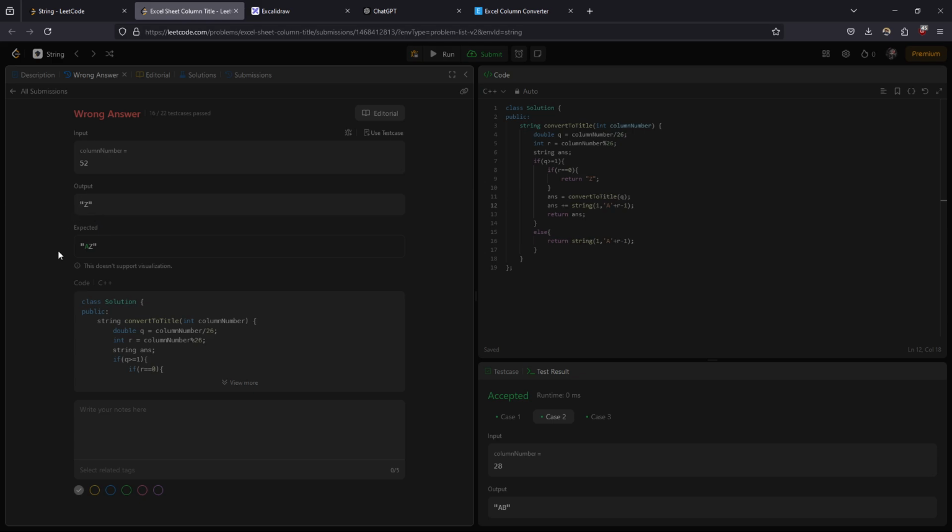Okay, so I think what happened is, if quotient is equal to 1 and remainder is equal to 0, that's the only case when we return Z. I'm just trying out. It might work or it might not. I don't know.